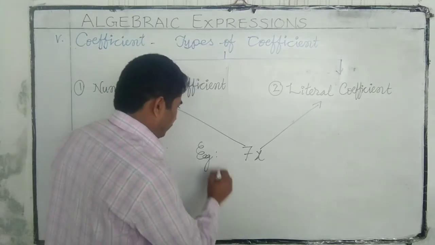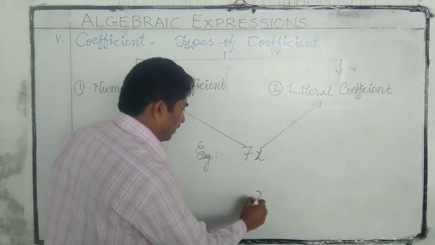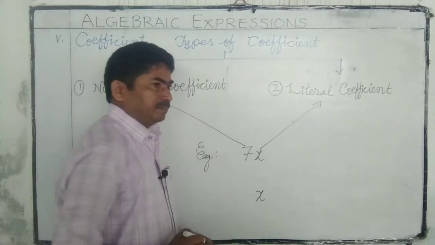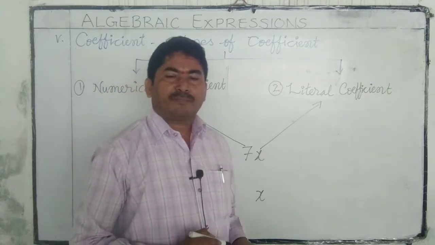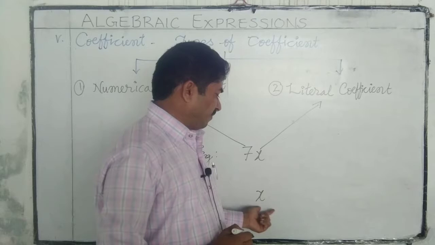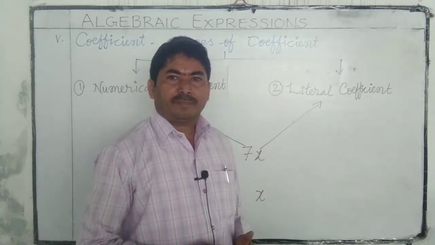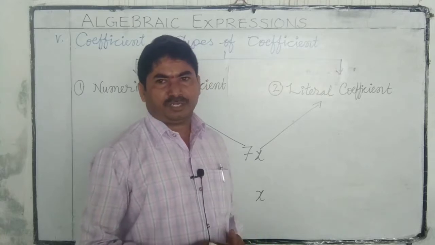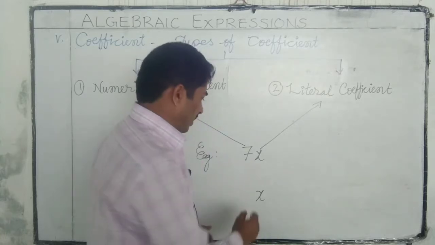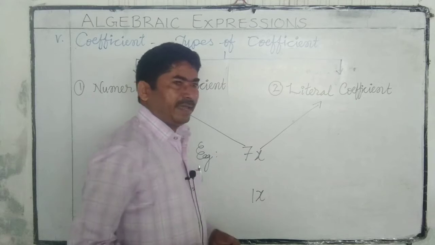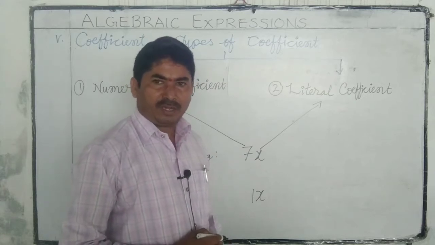One more example. x. What is the numerical coefficient of x? If there is no number, there is no numerical coefficient, we have to write 1 as numerical coefficient.